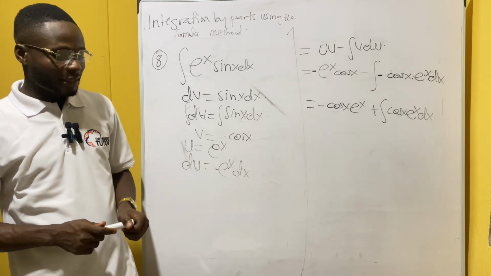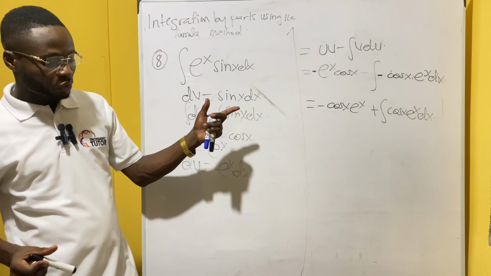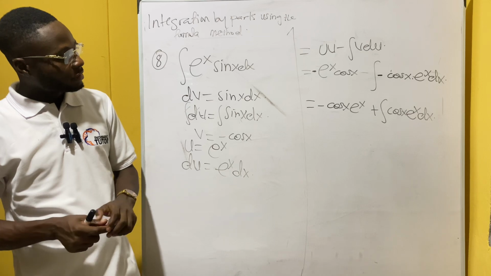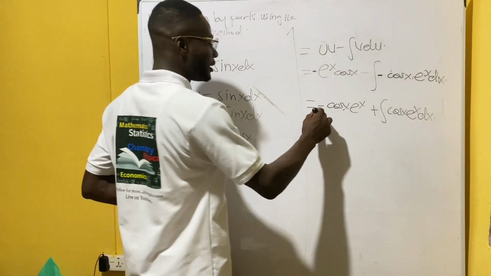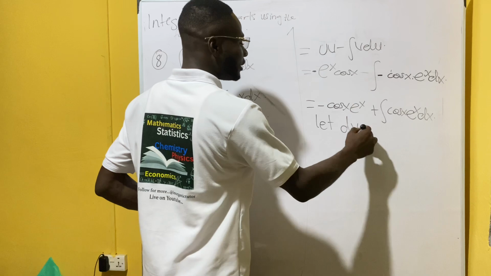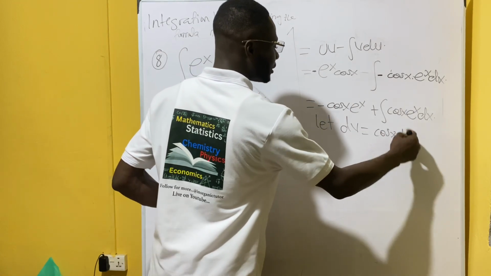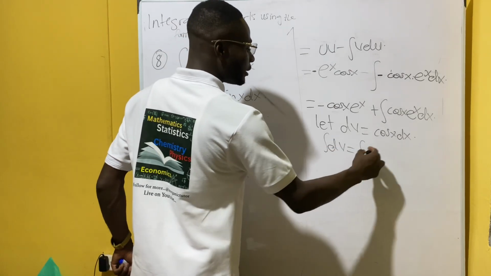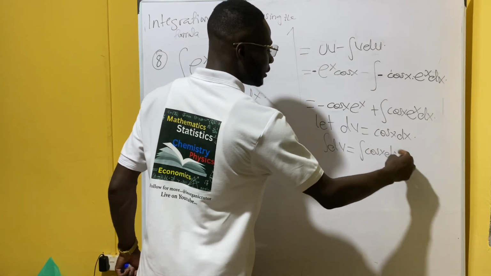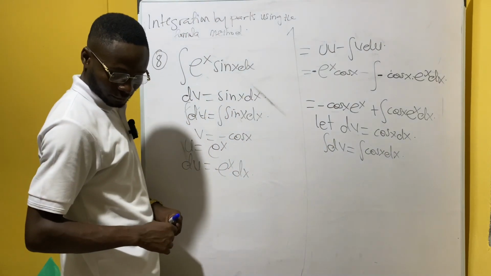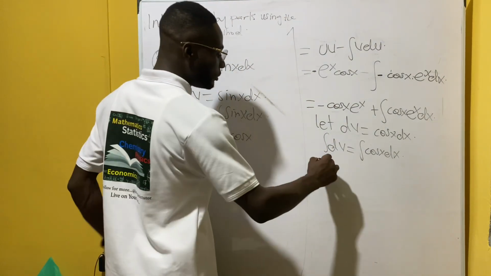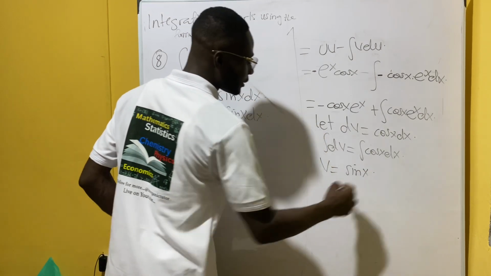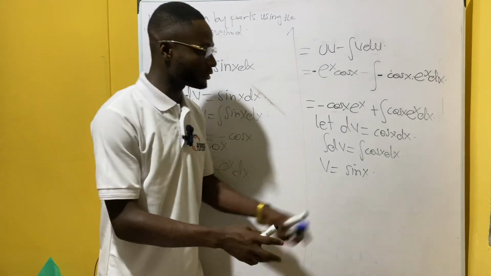So we have to choose again: let dv equal cos x dx. Then integrating, v equals sine x, since the integral of cos is sine.